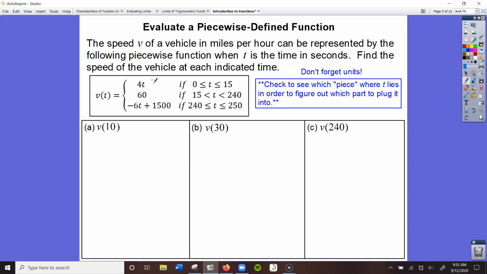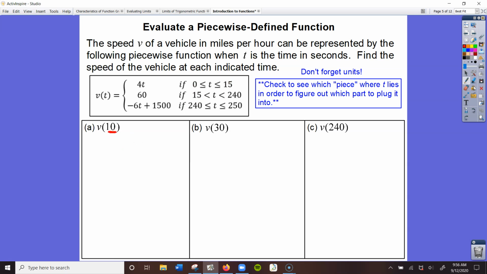be determined by 4 times t. Between 15 and 240 seconds, this means that the speed is a constant 60 miles per hour. And then from 240 to 250 seconds, we can determine our speed by just plugging in the number into this equation. So if I'm trying to look for v of 10, v of 10 is between 0 and 15.